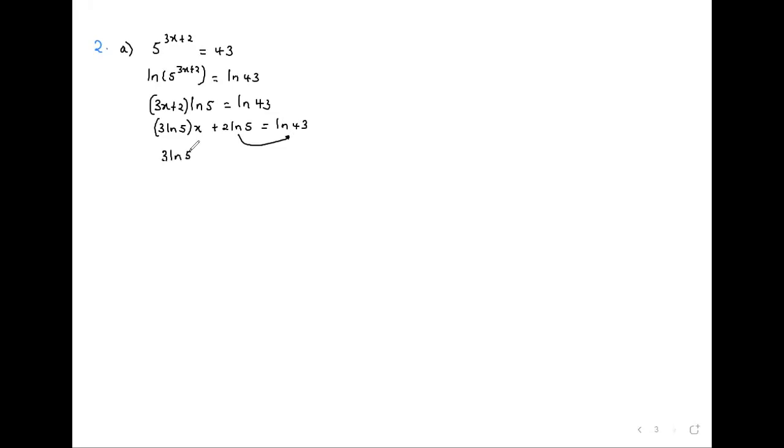So we have 3 ln 5, the coefficient of x, is equal to ln 43 minus 2 ln 5. You can divide by 3 ln 5, and have our solution as x is equal to ln 43 minus 2 ln 5 over 3 ln 5.